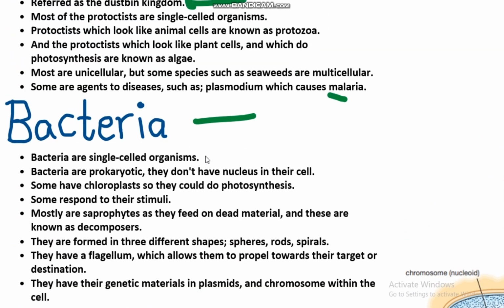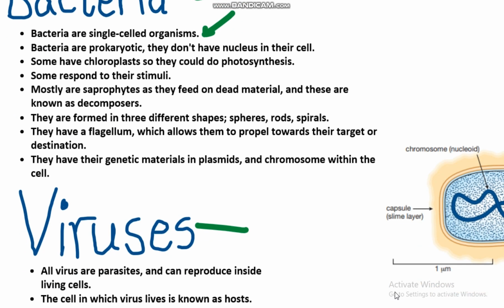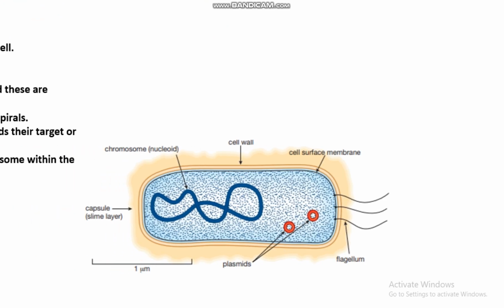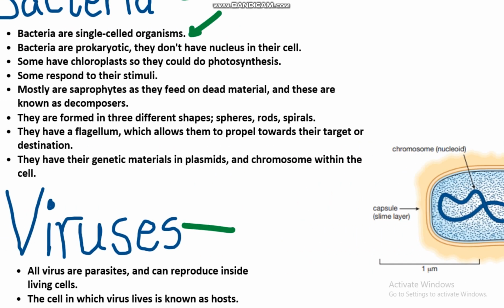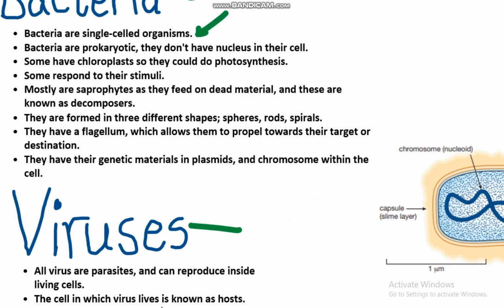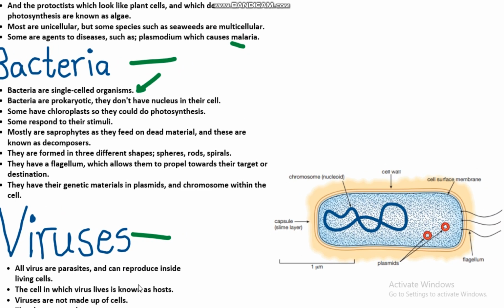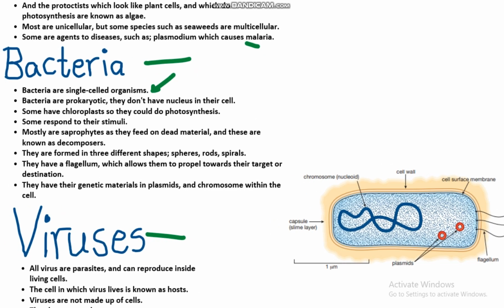Bacteria are single-celled organisms, and they are prokaryotic, which means they don't have a nucleus in the cell. You can clearly see this in this diagram, that there's no nucleus here. They sometimes contain chloroplasts, which allow them to conduct photosynthesis, and they sometimes respond to stimuli, which means that they can detect stimuli.